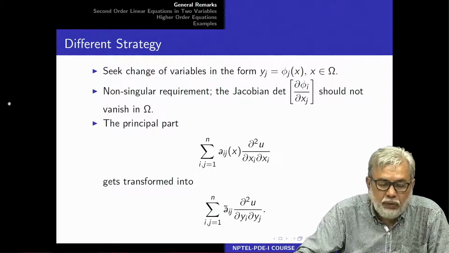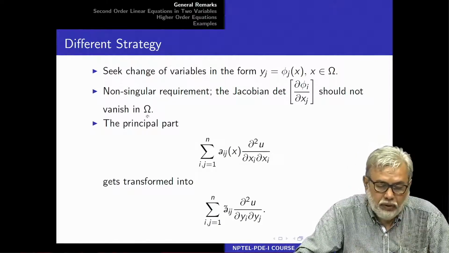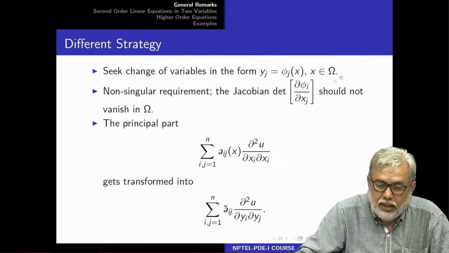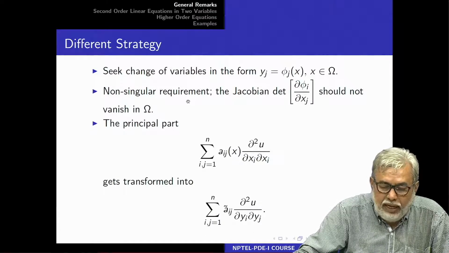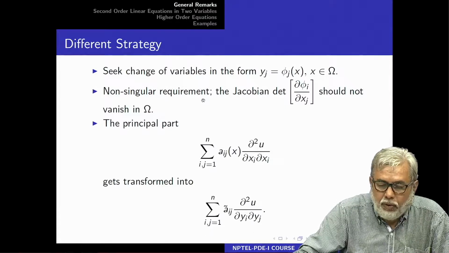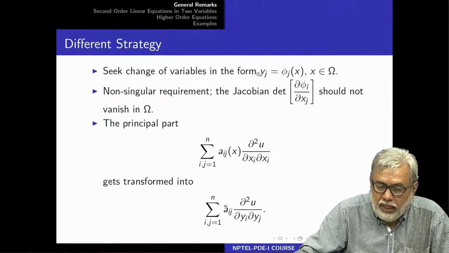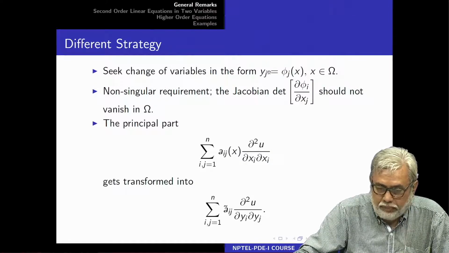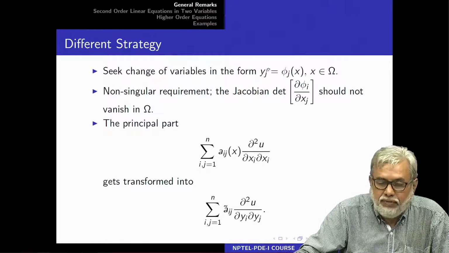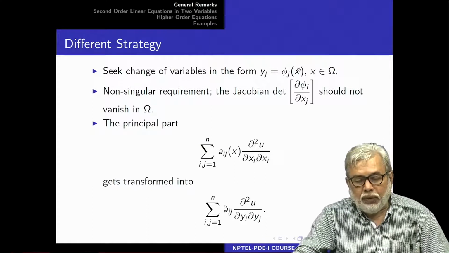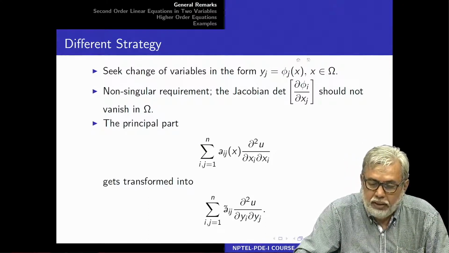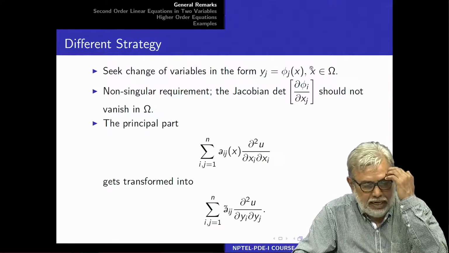That should not vanish in the open set omega. This is the requirement. Why this requirement? Because from the variable x we can go to y, and from y back to x. Suppose in the variables y it is easy to solve the given equation, then we can come back to the original variables.